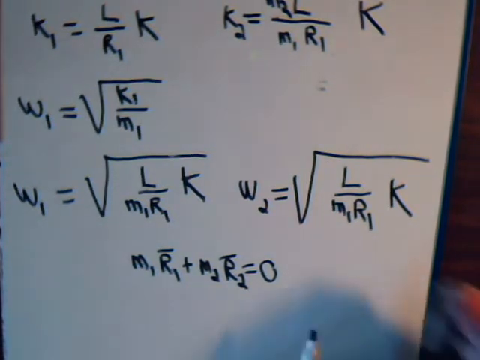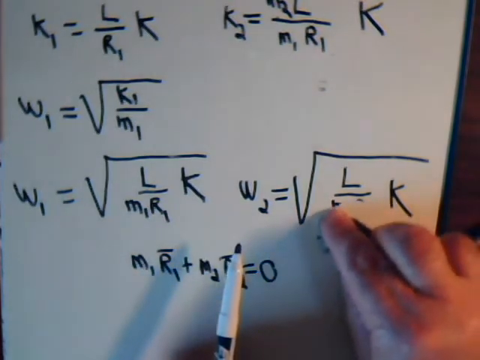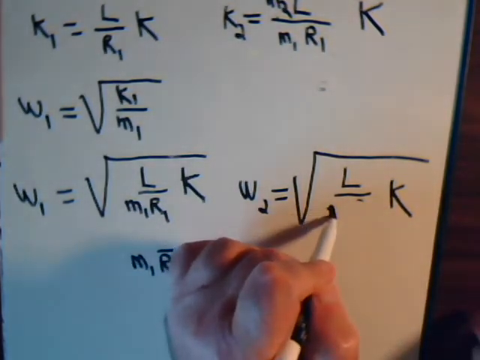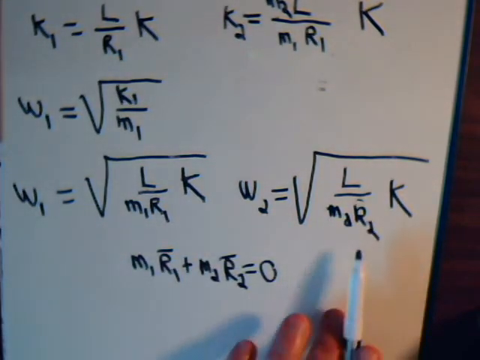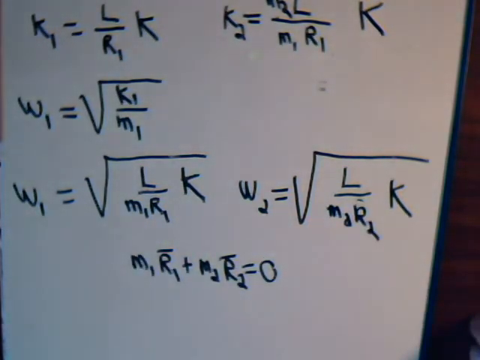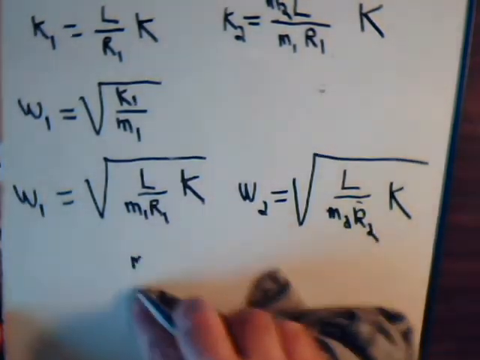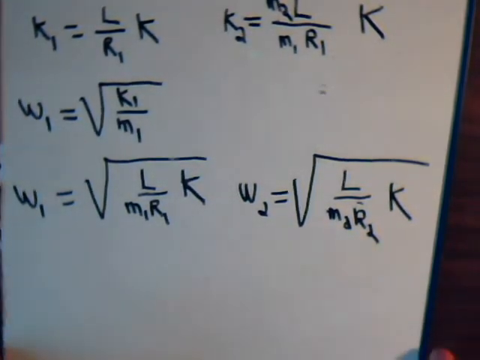So if we want it over here, as we're talking about the second block, we could write in M2R2. These have the same magnitude, so it doesn't matter. But anyway, that is how we determine the natural frequency of our double oscillator.